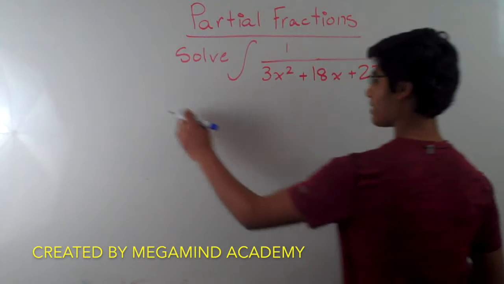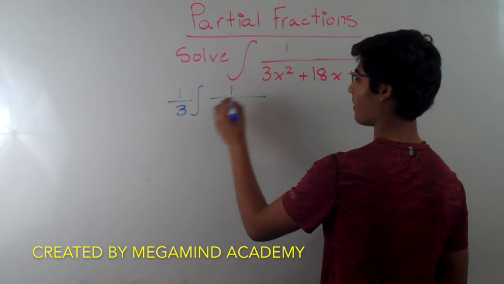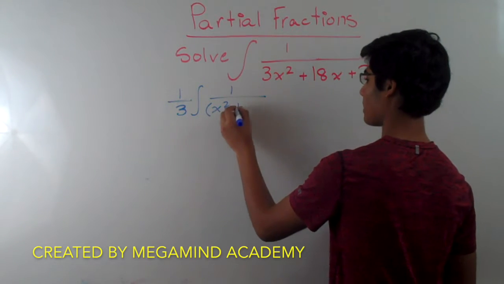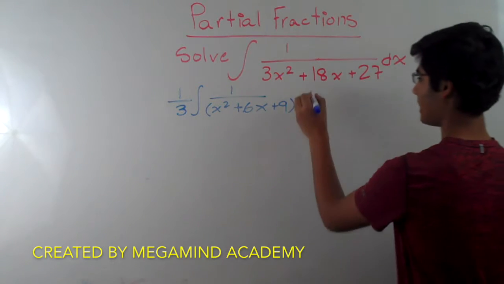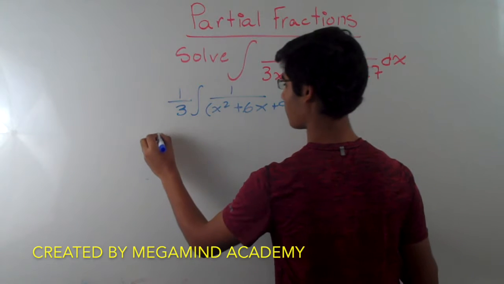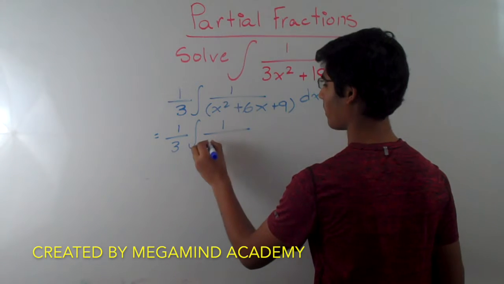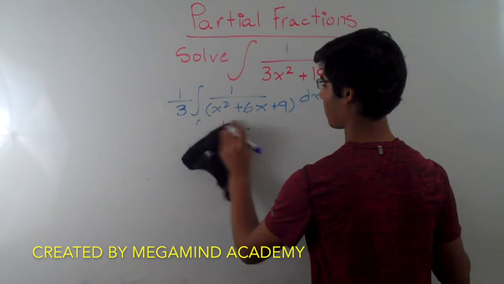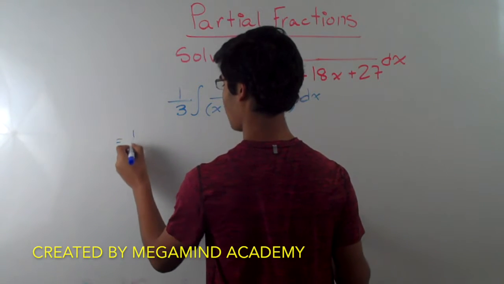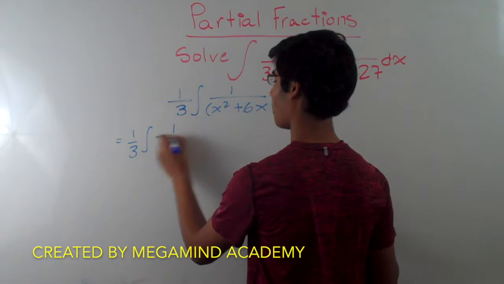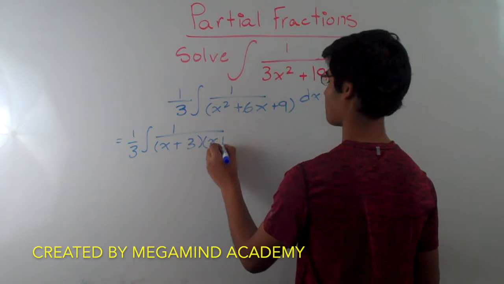So let's rewrite this as 1/3 the integral of 1 over x squared plus 6x plus 9 dx, which would be equal to 1/3 times the integral of 1 over x plus 3 times x plus 3.